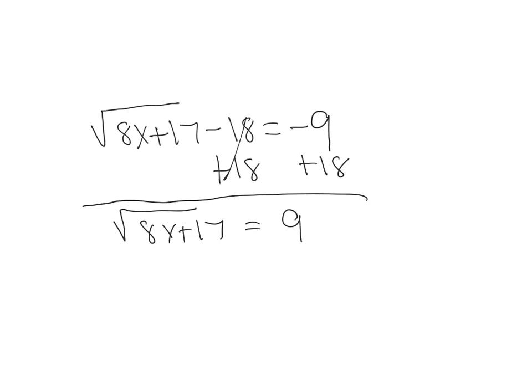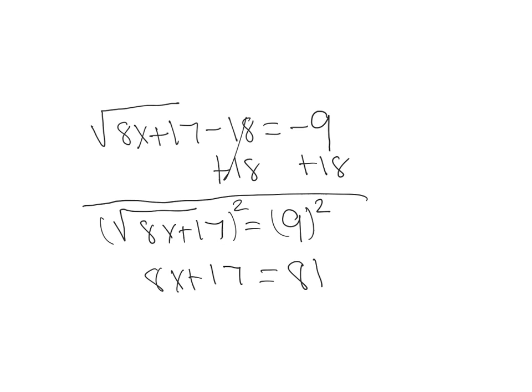So the next step to do would be to get rid of the square root, and in order to get rid of the square root, you square it. When you square it, it cancels out and it equals 8x plus 17 equals 81.